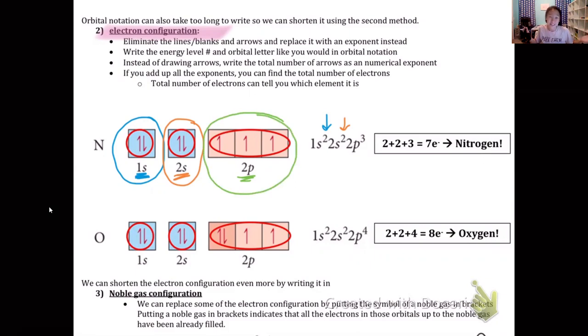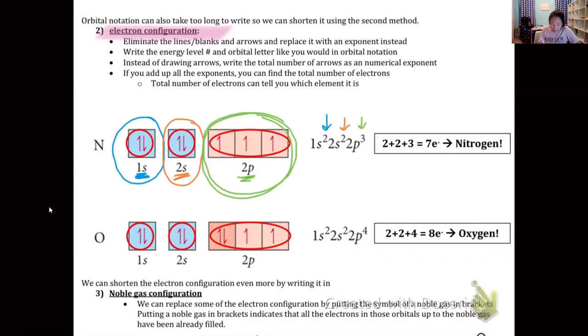How many electrons live in the entire house instead of each bedroom? So this whole thing, there are 3 electrons that live in that house. If you count up the superscripts, 2 plus 2 plus 3 is 7 electrons. So it is nitrogen.